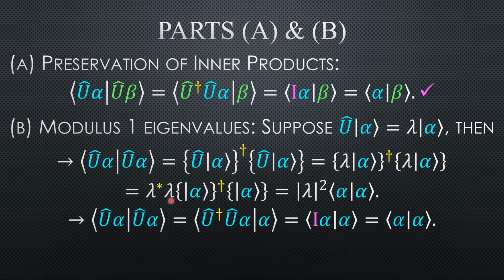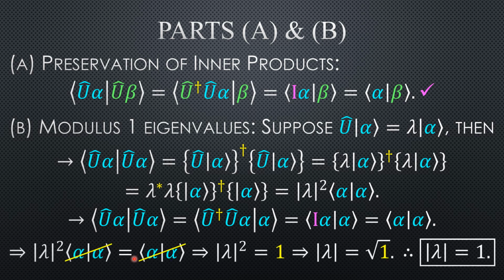As such, we also know from part A that ⟨Uα|Uα⟩ is equal to ⟨α|α⟩ through the same method of using the Hermitian conjugate and putting it over to the bra side of the bracket notation. That being said, the identity comes back and we preserve the inner product. But since these are the same statement, we can equate their two results independently.